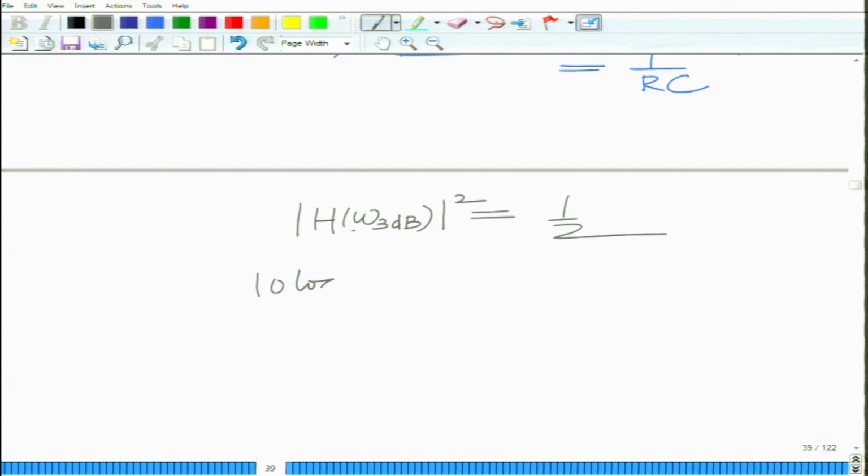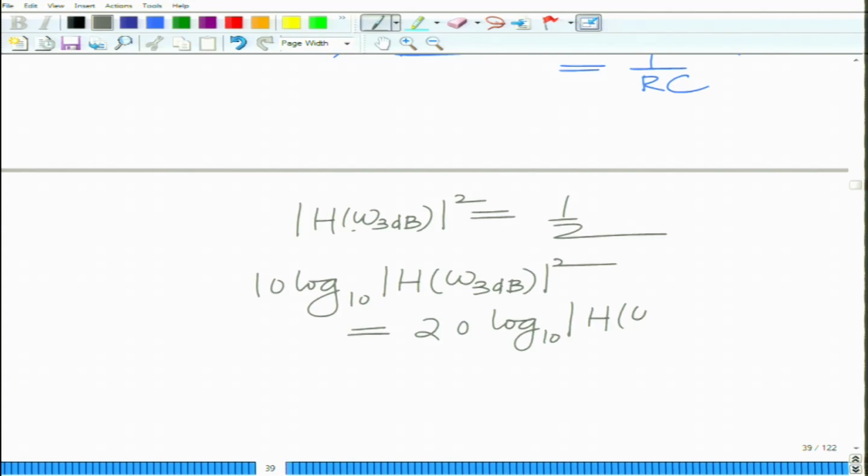So, if you look at the decibel value of this, that is 10 log to the base 10 of magnitude 3 dB square, or 20 log to the base 10 times the magnitude, that is equal to 10 log to the base 10 of half, which is equal to minus 3 dB. You can say this is approximately minus 3 dB.